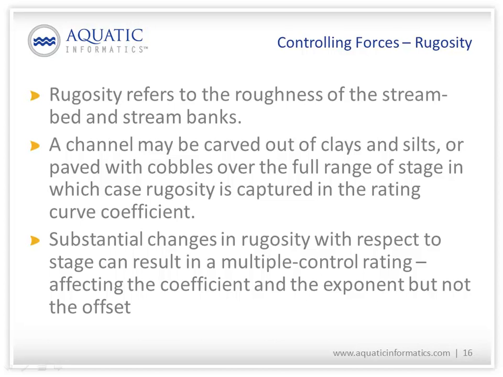But in many streams that are more self-organizing, this transition in roughness is going to be gradual, and so you're not going to have a discrete breakpoint in the curve. What you're going to have is a curve that wants to be further to the left at low stage and further to the right at high stage. That change in composite roughness with respect to stage is going to be captured in the exponent of the rating curve. It's going to change the slope of the curve.